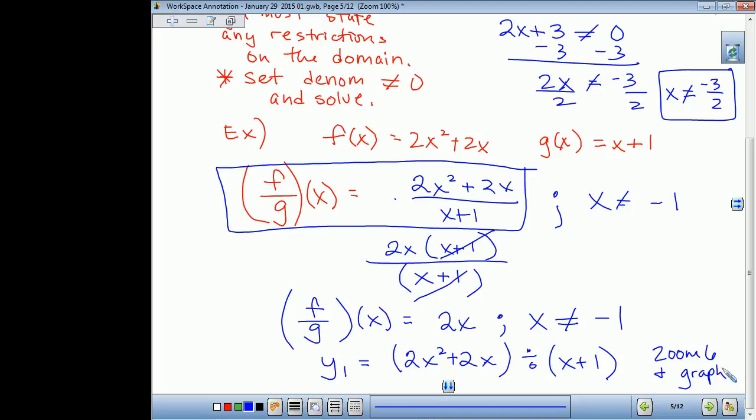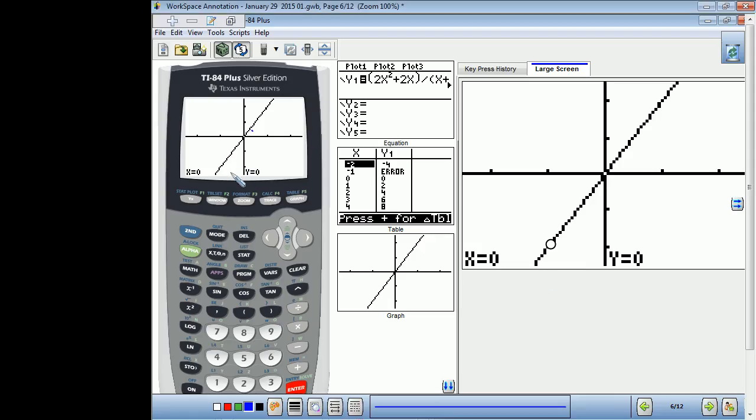So I have to put the 2x squared. Yep, gotta put all this in. What do you think? It is a lot. So you see how this crazy stuff does simplify to this. Did you get this line? And that line has a slope of 2, doesn't it? Yeah, it does.